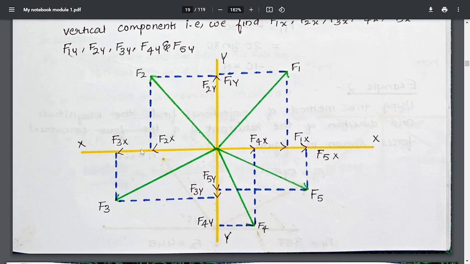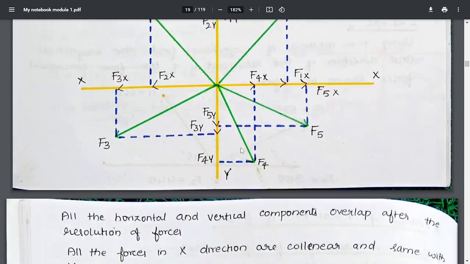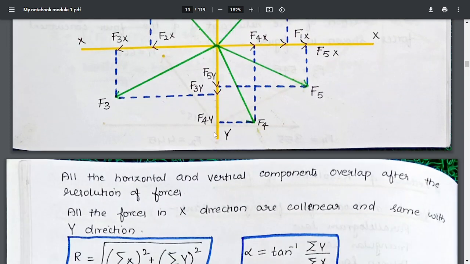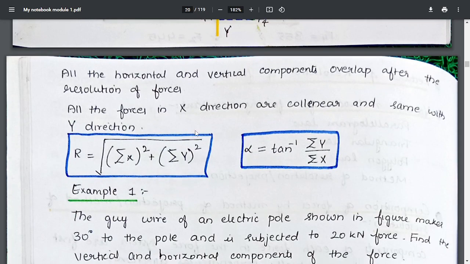So we'll be having only the forces in the x and y coordinates. From there we'll combine these forces algebraically and we'll be getting a resultant force.